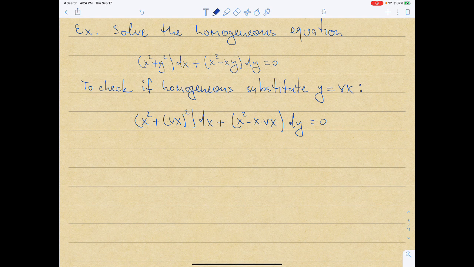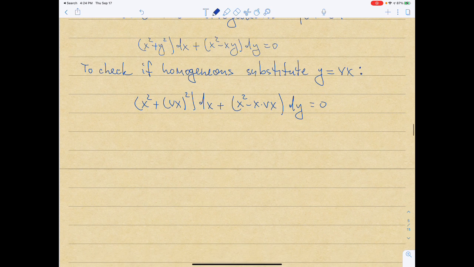And then we can see that in all of these terms, if I distribute, v squared x squared dx plus x squared minus v times x squared dy equal to 0, in all of these terms I see a factor of x squared.